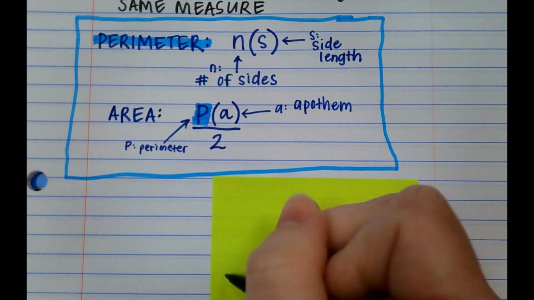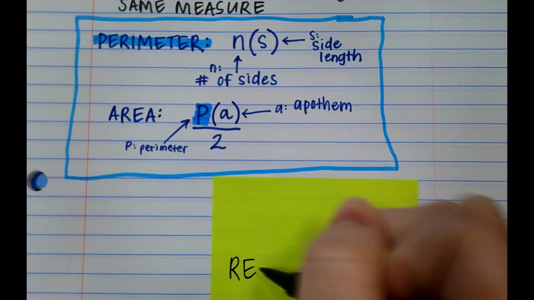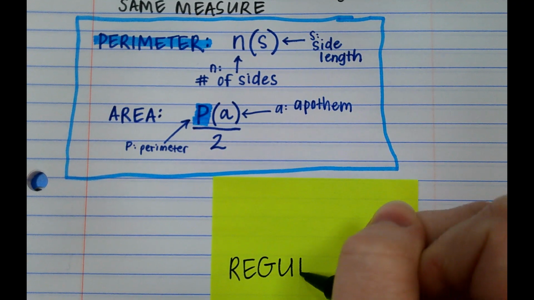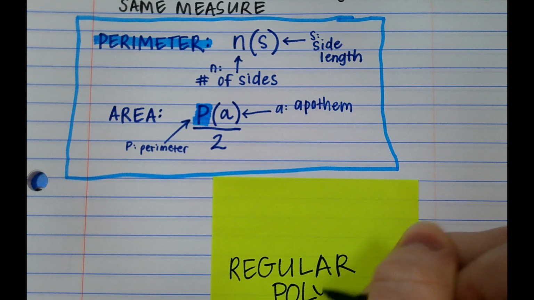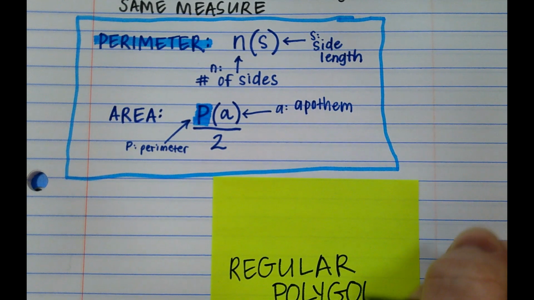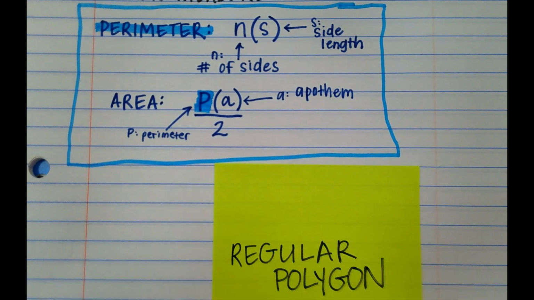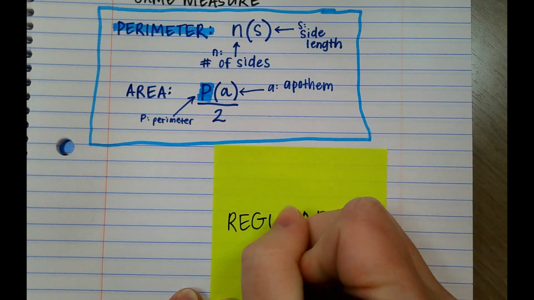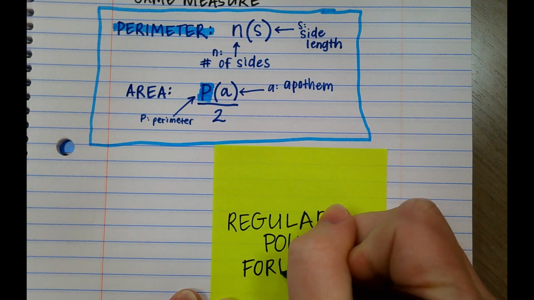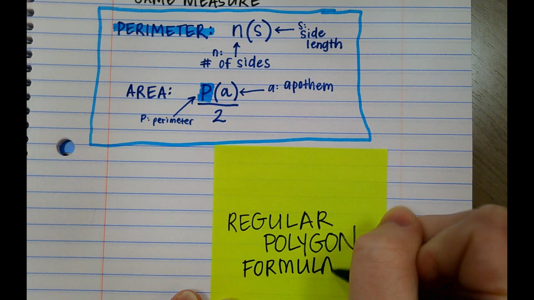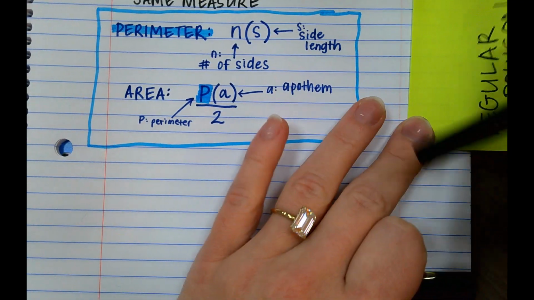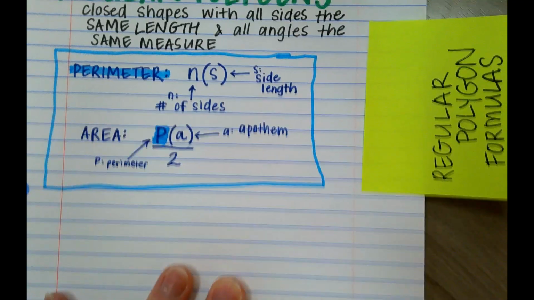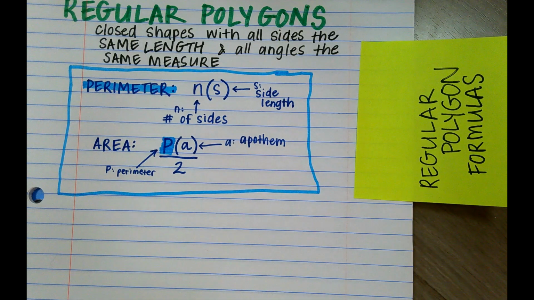So maybe write regular polygon formulas. And then I'm gonna stick it on the side here so that even when my notebook's closed, I can just flip right to it.